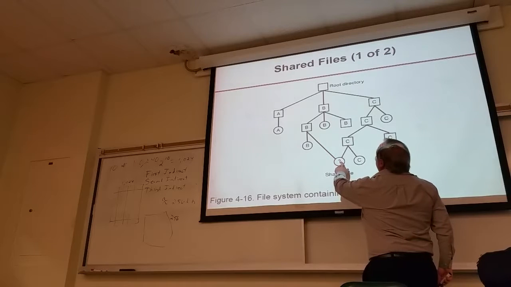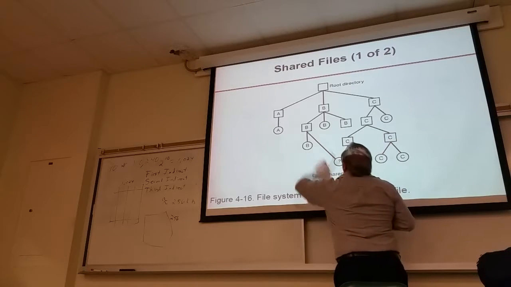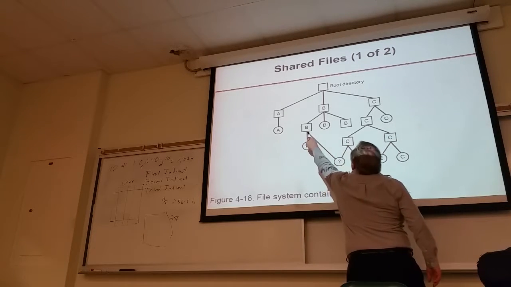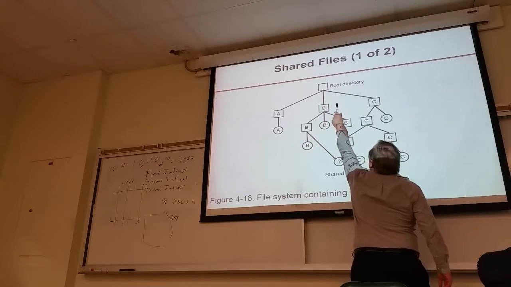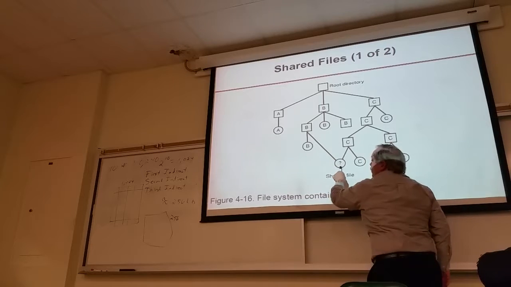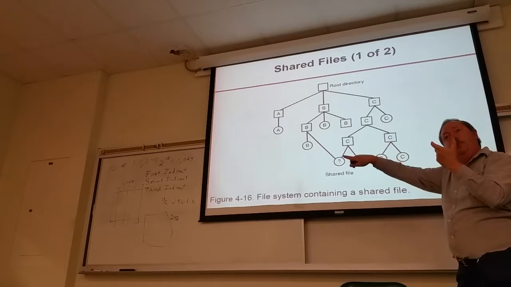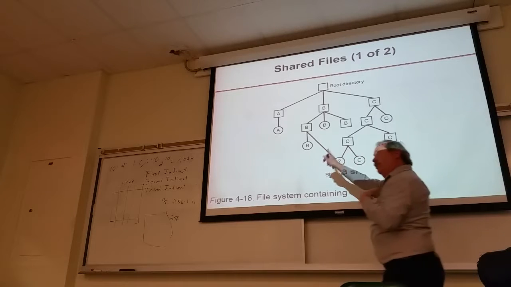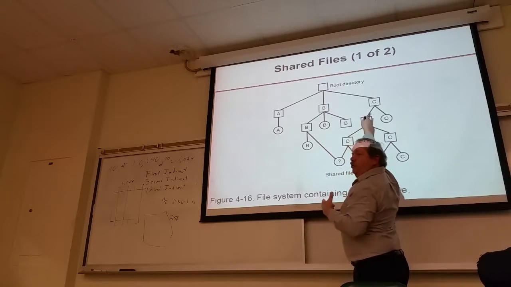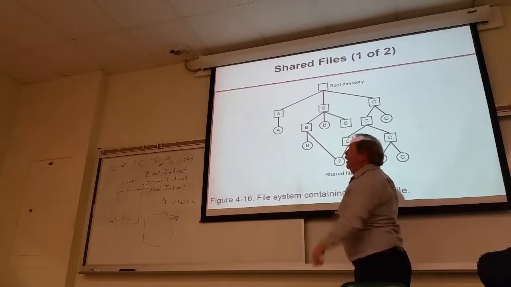So in this case here, if I'm normally traversing into this subdirectory here, instead of having to go all the way up to root and down this path here to get to this file, because remember, I'm looking at the directory file, looking at the pointer to the inode, looking at the directory file, looking at the pointer to the inode, right? I'm doing all of that to get to this location here.